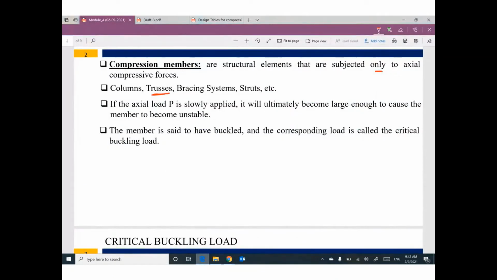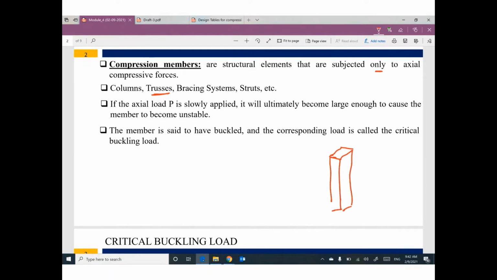If the axial load P is slowly applied, it will ultimately become large enough to cause the member to become unstable. The member is said to have buckled, and the corresponding load is called the critical buckling load. We have a very important phenomenon for a member under the effect of compressive load.